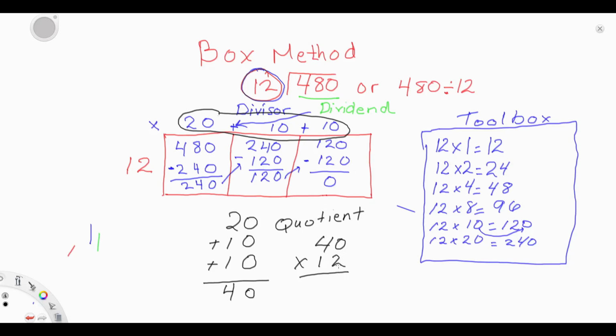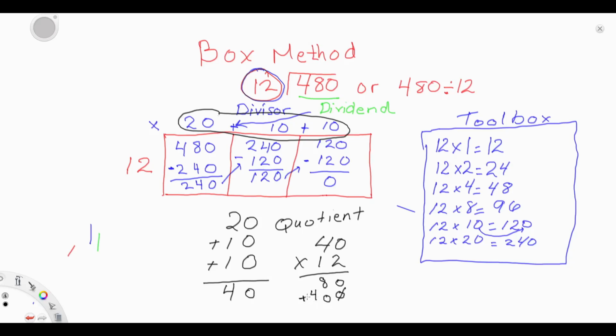So 2 times 0, 0. 2 times 4, 8. Remember, when you're dealing with double-digit multiplication, you have to leave a placeholder in the ones place right here, because now you're moving over to the tens place to do your multiplication. So 1 times 0 is 0. 1 times 4 is 4.